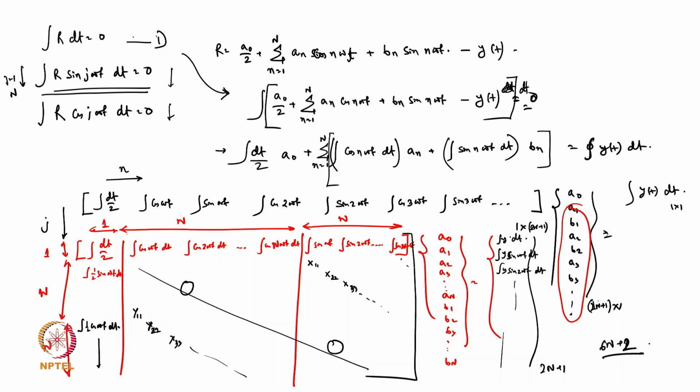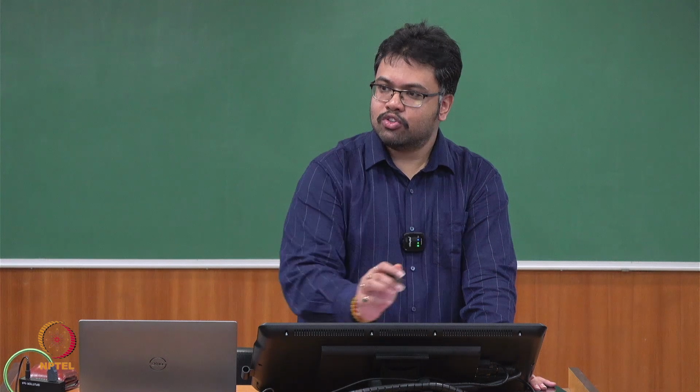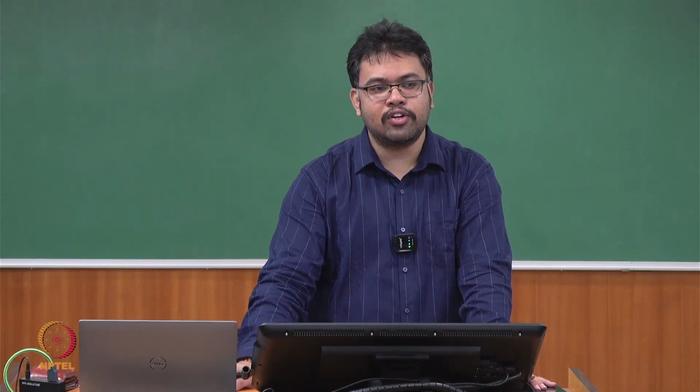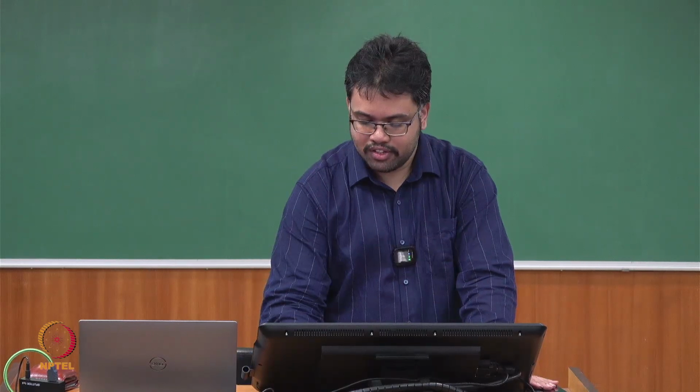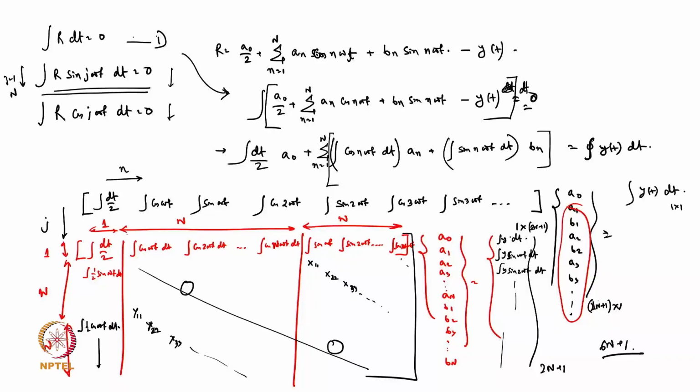Here we will have 2n, here we will have 2n, 4n and 1. So 4n plus 1 and 2n plus 1. So that will be total 6n plus 2. Total 6n plus 2 integrations the computer has to perform.